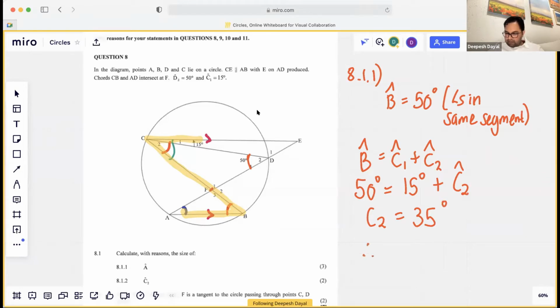Therefore, A also equals to 35 degrees because of angles in same segment. See here, the same segment here. This is A and this is 35. So we've got A equals 35 degrees, angles in same segment, right?